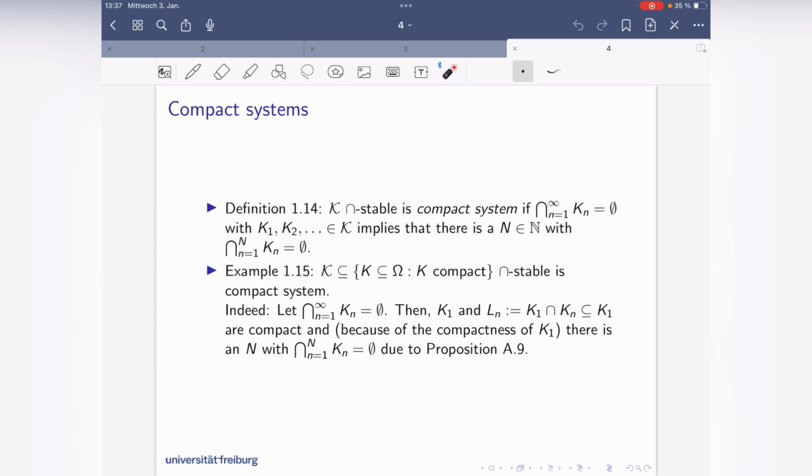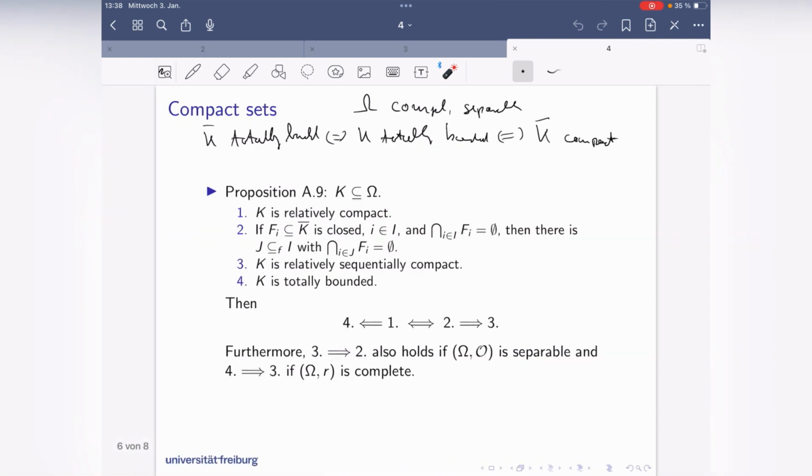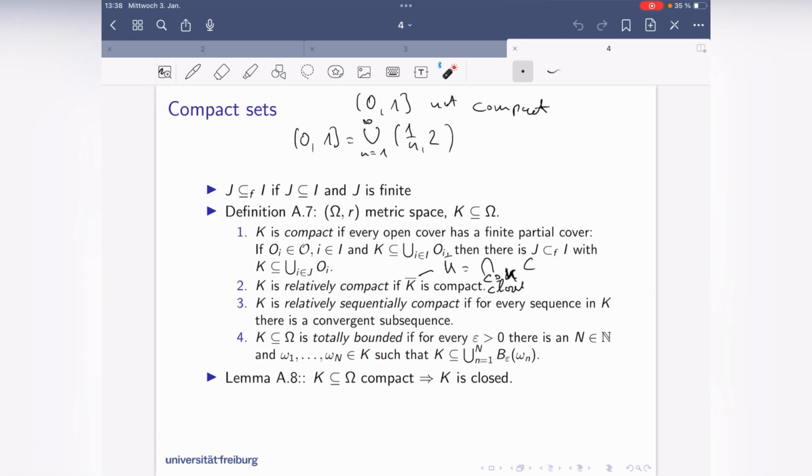You might guess it, an example of a compact system is the set of compact sets. K is the set of compact subsets of some set omega. First of all, it's intersection stable. I haven't really explained why, but I have explained that compact means closed. And what's also true, and I think that's either in the manuscript or an exercise, is that the intersection of a closed set and a compact set is compact.